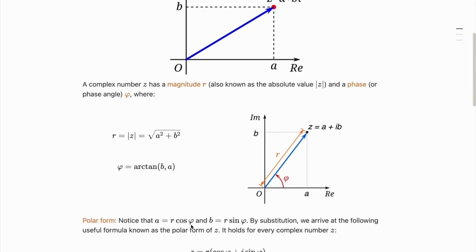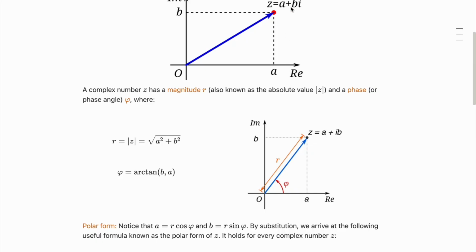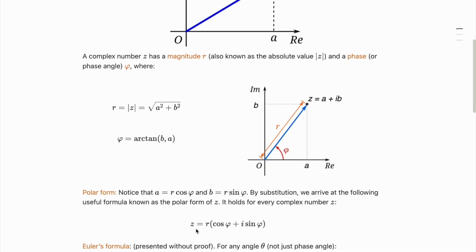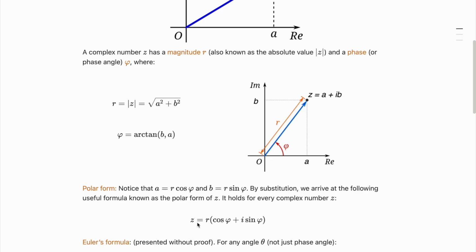And if we were to substitute these values in the original equation for the complex number, we'll end up with this. So any complex number can be expressed in terms of its magnitude and phase by this formula, which is called the polar form of the complex number.